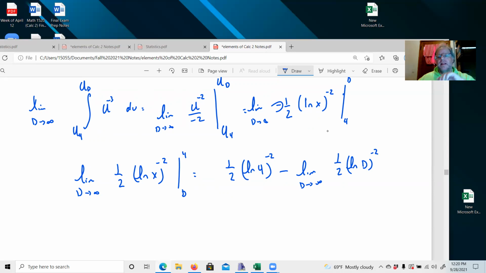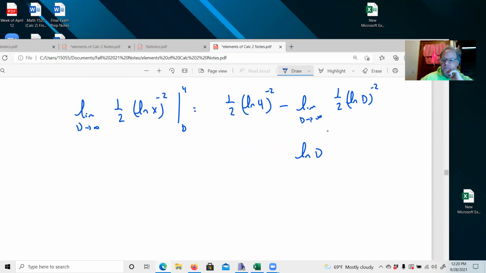Now, as D goes off to infinity, what is happening to the natural log? This is what the natural log looks like. As x goes off to infinity, the natural log is also going off to infinity. But this is a fraction, so it's like 1 over infinity, which is very small, 0.